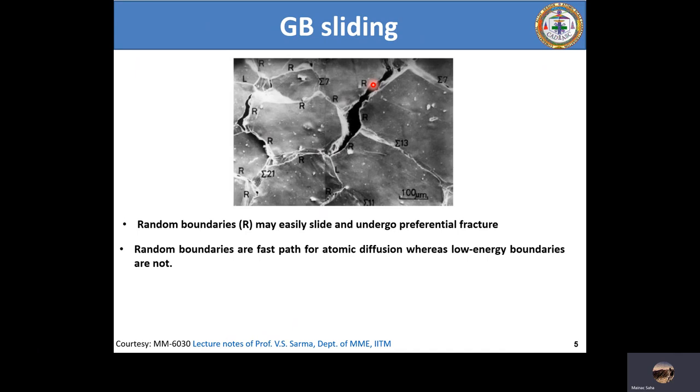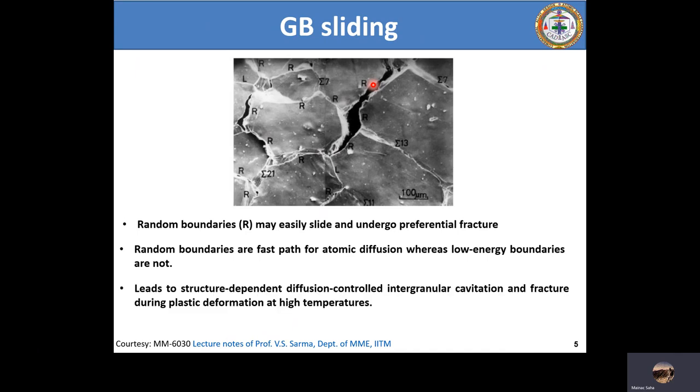For atomic diffusion. Last one is that this leads to structure difference. If you look at sigma 21, sigma 7, you don't see crack formation, but rather crack propagation. Even here, there is a crack propagation along this R, and it keeps on extending towards R. Once it reaches a triple junction, the crack does not propagate along this R, and neither does it propagate along the sigma 21.